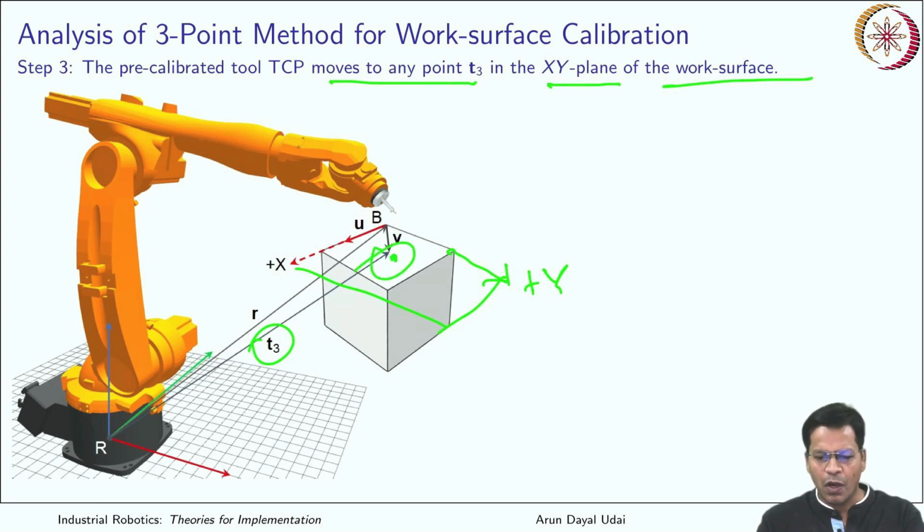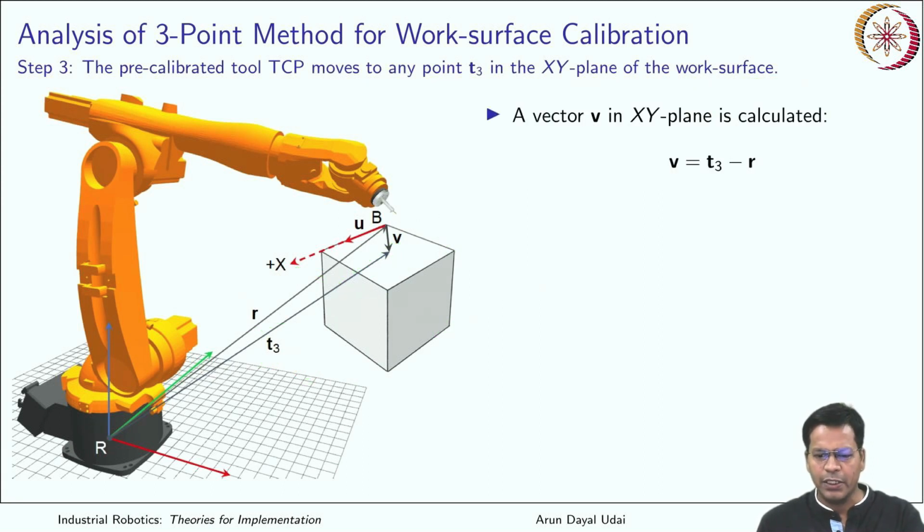Now what do you get? You immediately obtain T3 using the robot's forward kinematics. R was already known, so now you can calculate a vector V. What is V? V is a vector in the XY plane given by T3 minus R. The way we calculated U, exactly the same way we can calculate V. But V is not aligned with the y-axis or x-axis.